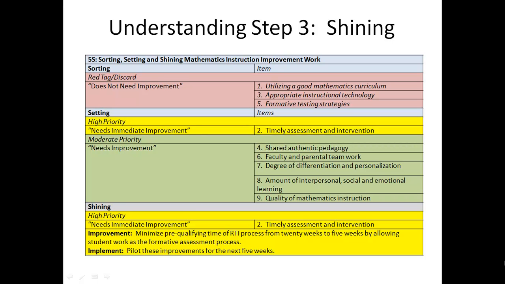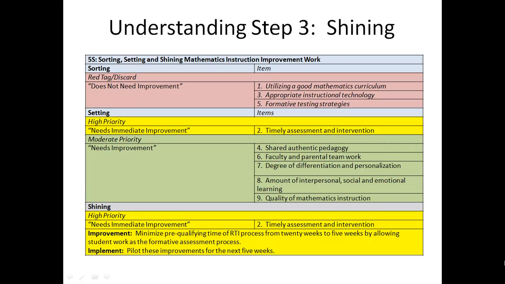And so what we're going to do is try this out and pilot this improvement, where we try to move from a 20-week to a 5-week pre-qualifying RTI process. So a part of shining is, let's just try it and pilot it. And when we pilot it, we're going to figure out, well, this works or this doesn't work.